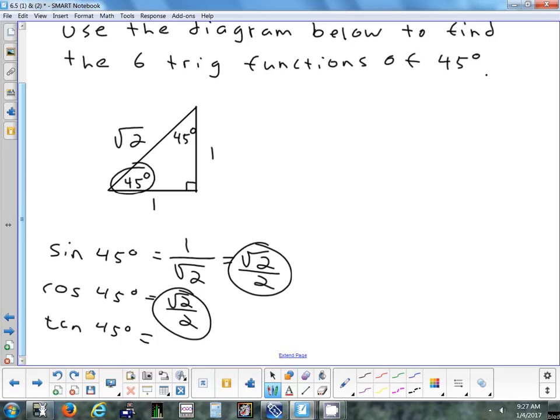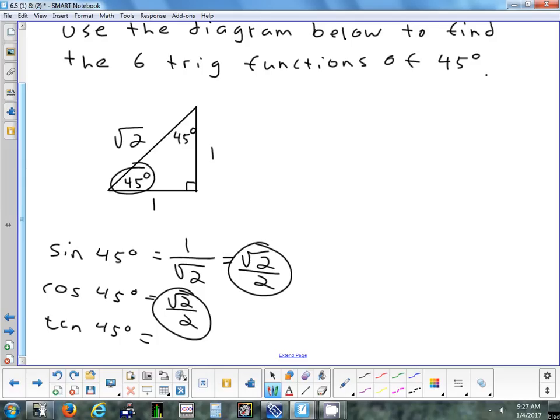Oh, Jacob, what's my tangent going to be? One over square root of 2. So it's not over hypotenuse.